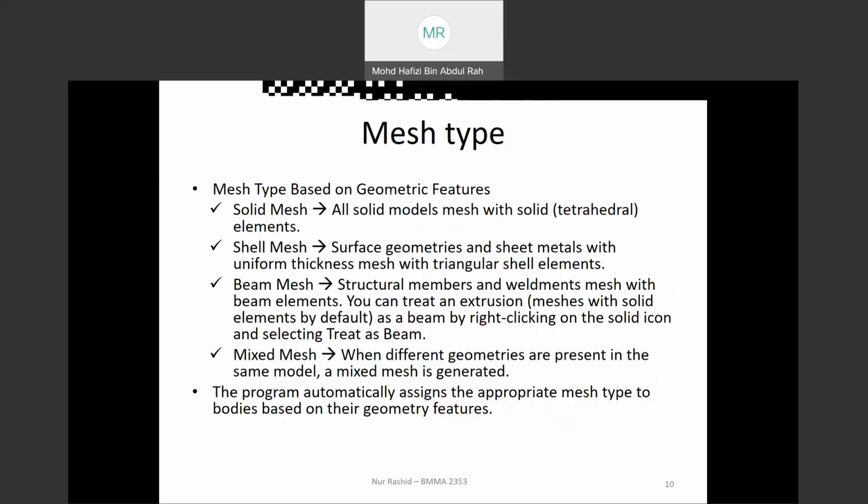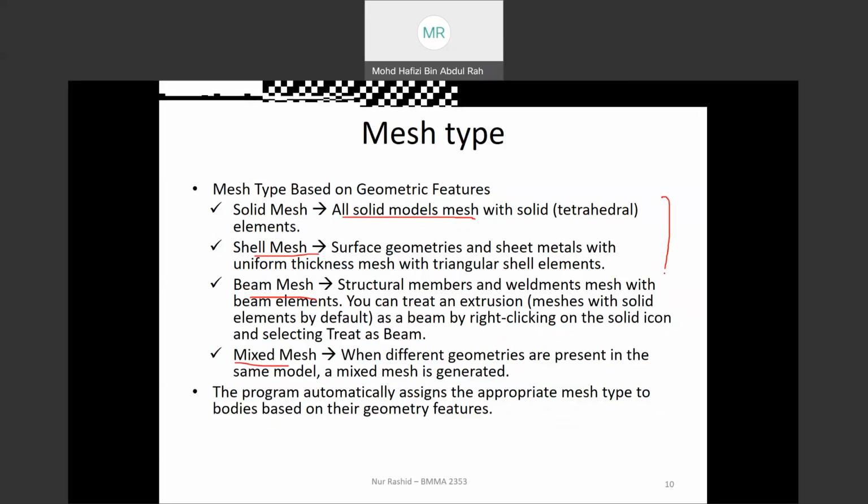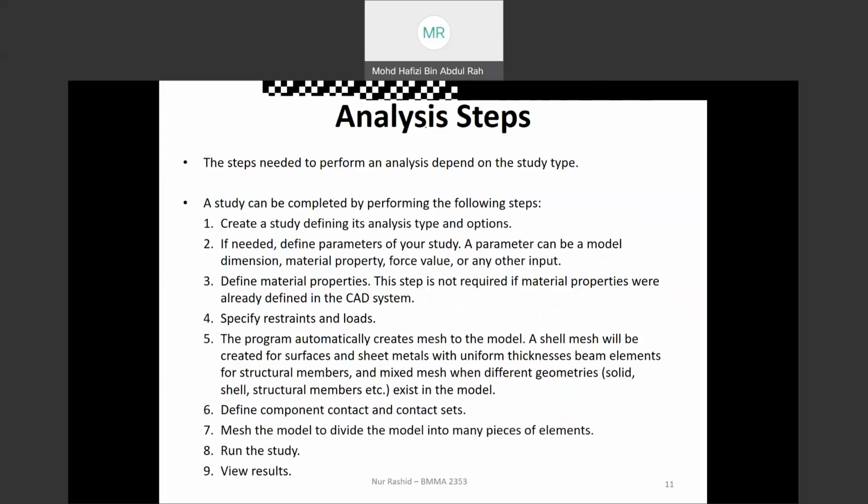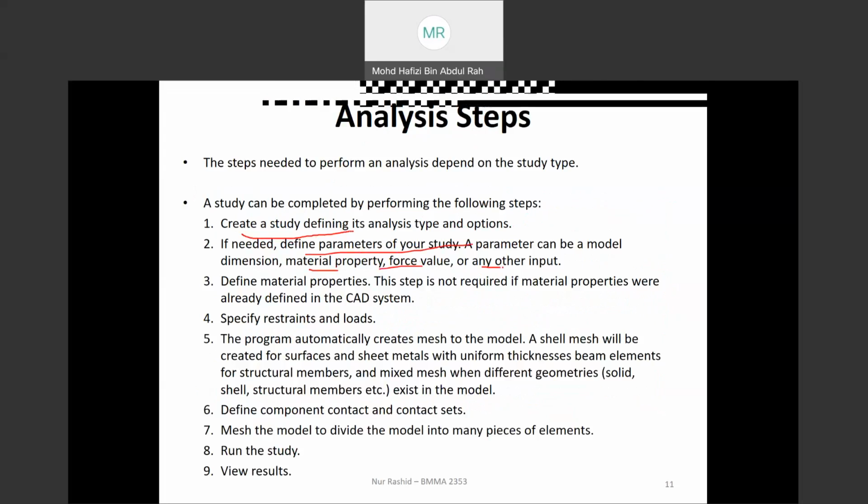Mesh types based on the geometry: we have solid mesh with tetrahedral elements, shell mesh, beam mesh, and also mixed mesh. So these are the types of meshing. As for the analysis steps: create a study, which is linear static, thermal, or flow.